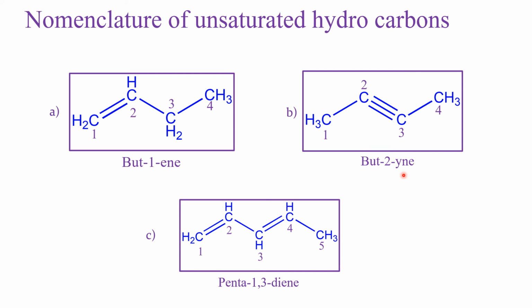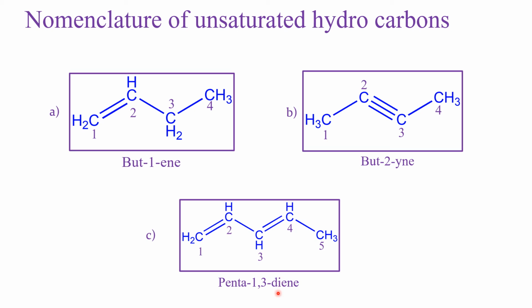If there are multiple double bonds, then the same rule as for identical groups is going to be applied, where depending upon the number of double bonds, we are going to add di, tri, tetra, etc. In the given example, there are 2 double bonds.